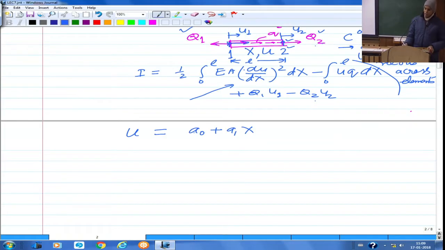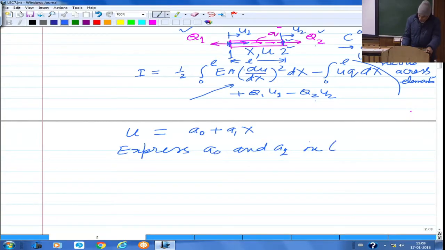Once we solve for those variables, we directly have displacements of the physical quantity at the nodes, and the continuity can be enforced easily at the time of assembly. So the next step is we express a0 and a1 in terms of essentially the elemental degrees of freedom.